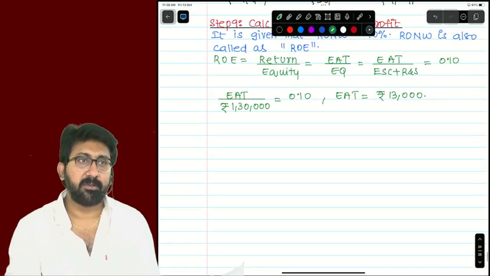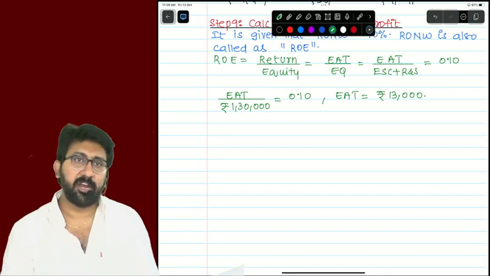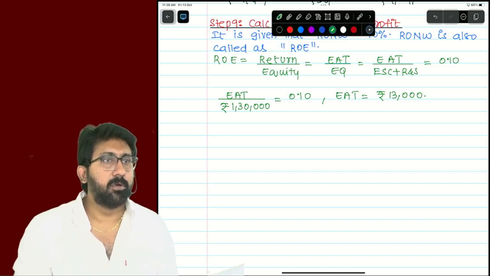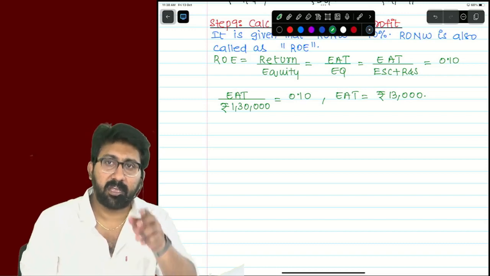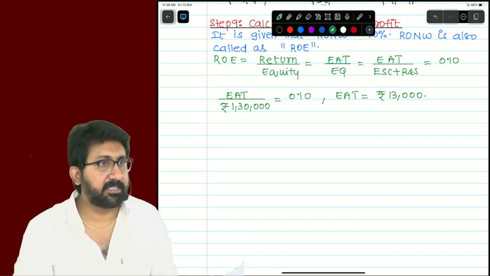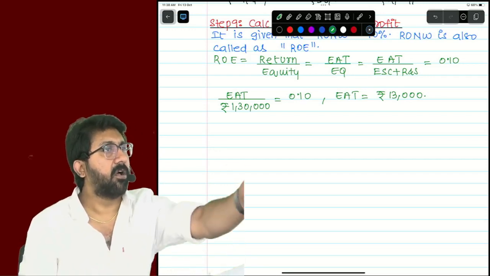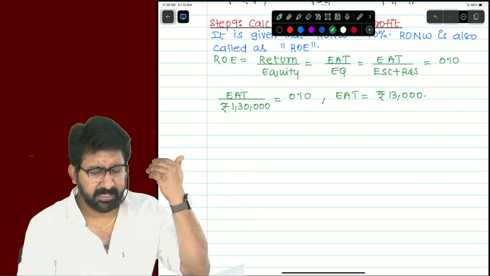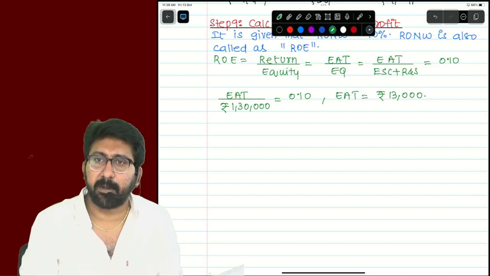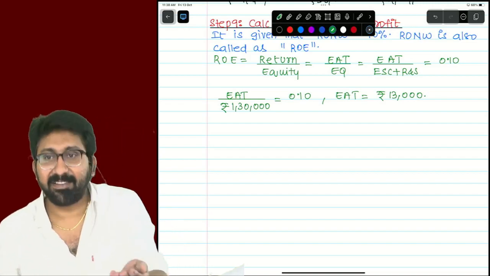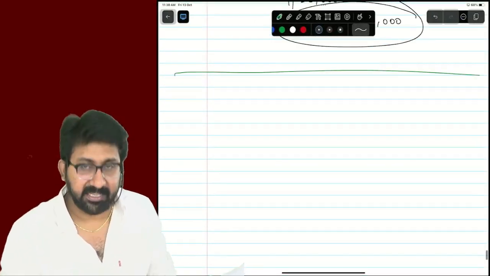Simple question I am asking you here. Nothing great in that. Do we know the gross profit? Yes. Do we know the net profit? Yes. What is the difference between gross and net? 23,000. In that, how much is the depreciation? How much is the extra interest? 1,000 rupees. How much is the administration and other expenses of the company? See here.